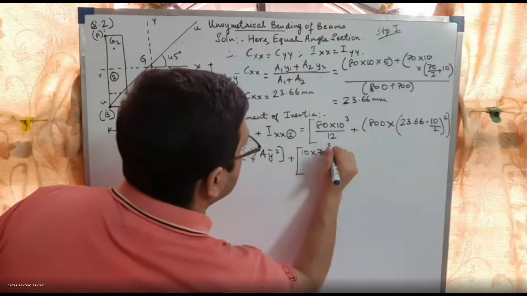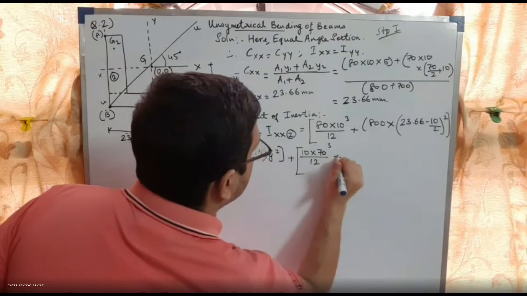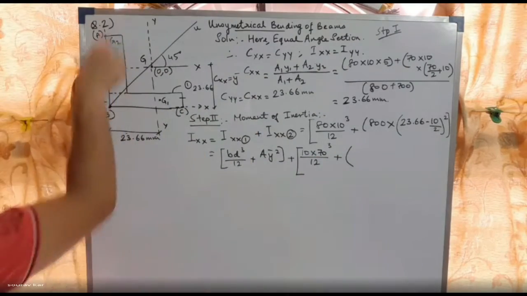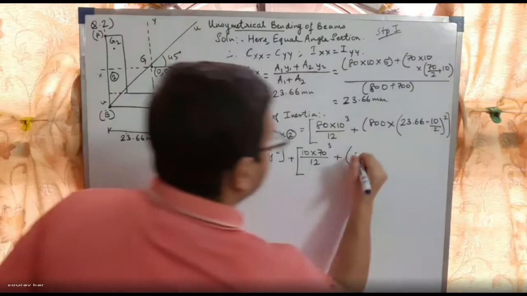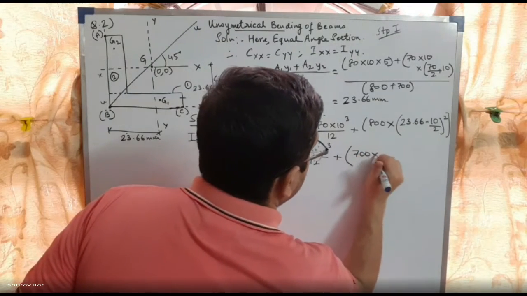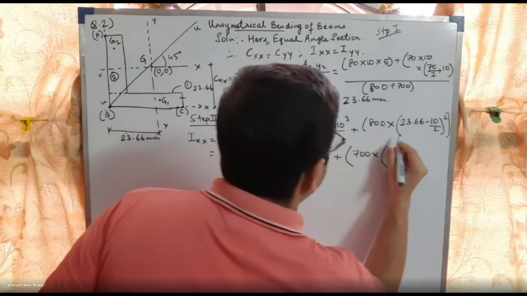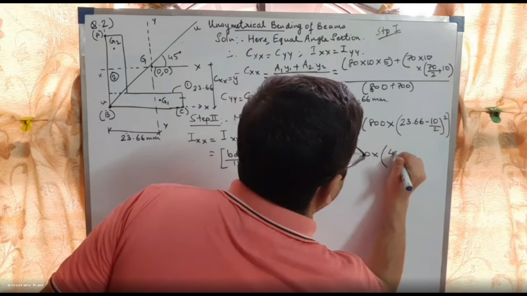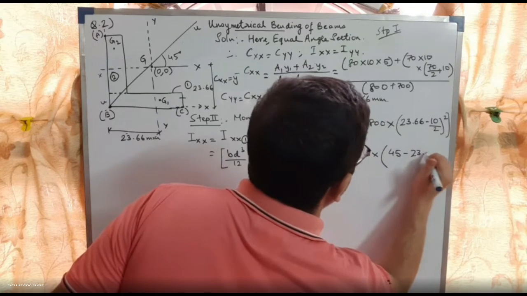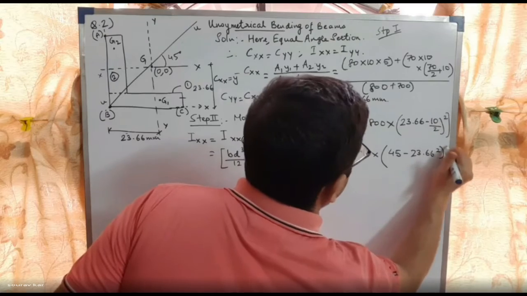So B into D cube by 12 plus this area, this is 700, into y bar square. So y bar is 45 minus 23.66, whole square.